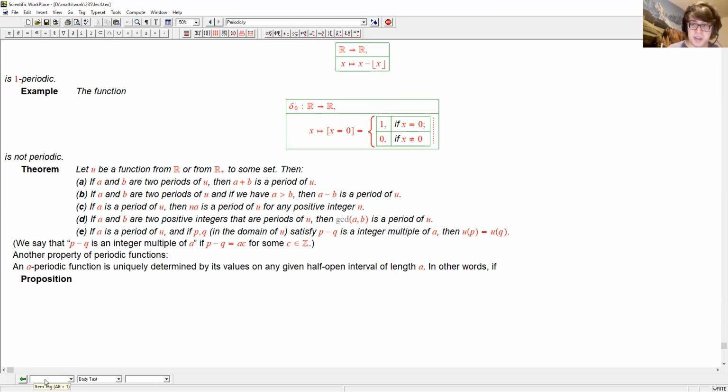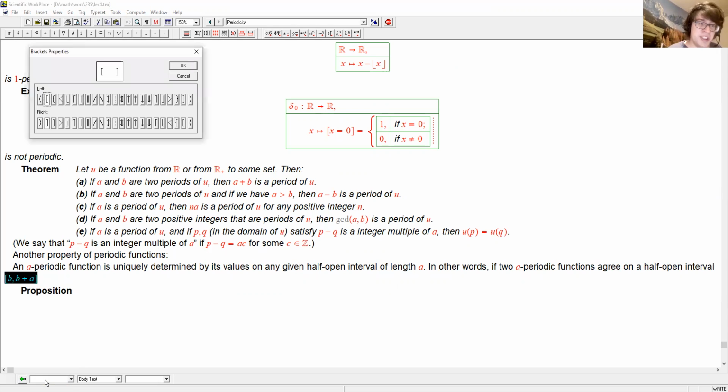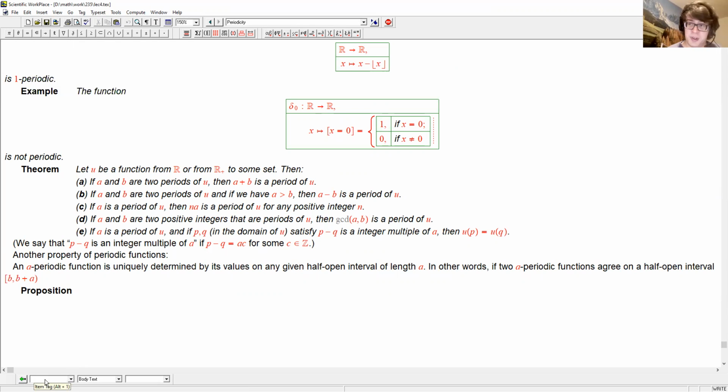In other words, if two a-periodic functions agree on a half-open interval of length a, so it looks like b to b plus a, I'm going to have it open from the right and closed on the left, so including b, excluding b plus a. If two a-periodic functions agree on such an interval, then they agree everywhere. So they're equal. Let us restate this as a proposition.